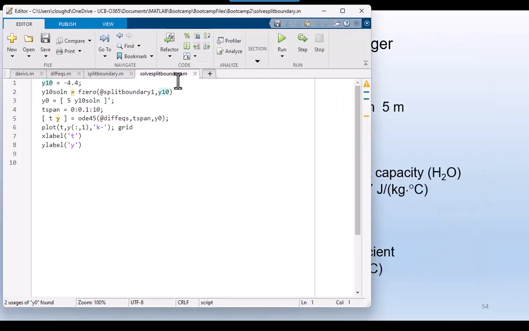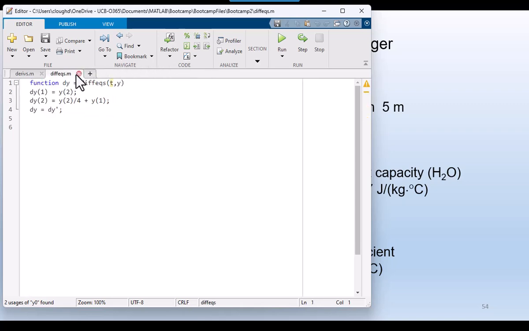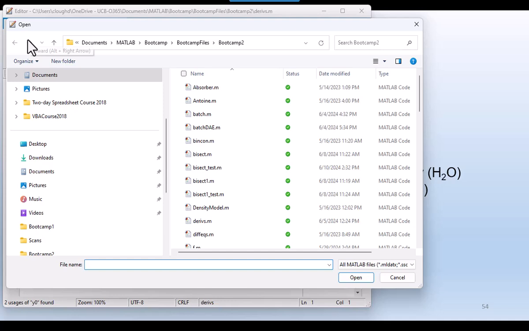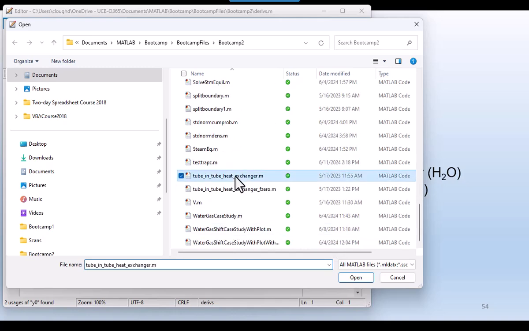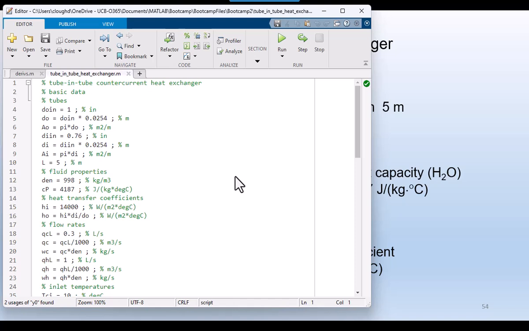Let's take out some of these, and let's open a file called tube-in-tube heat exchanger. All right, should be down here somewhere. Okay. Let's see what we have here.